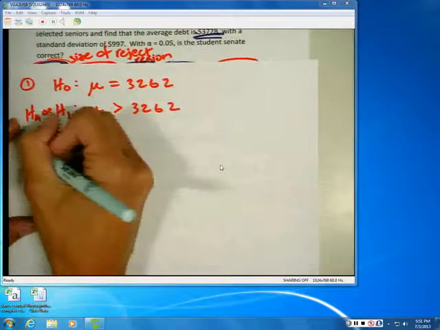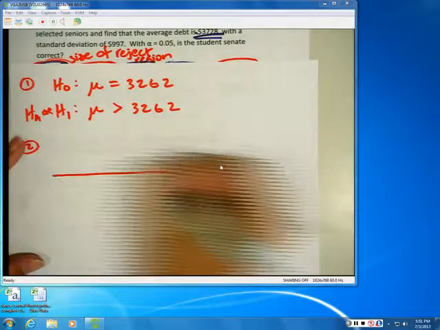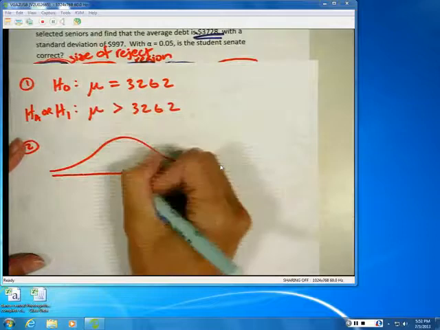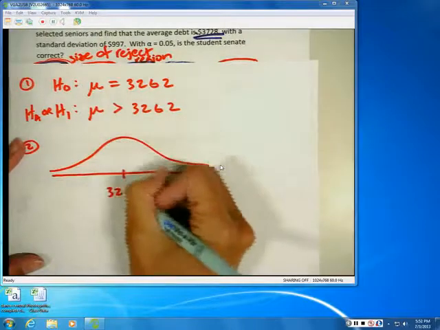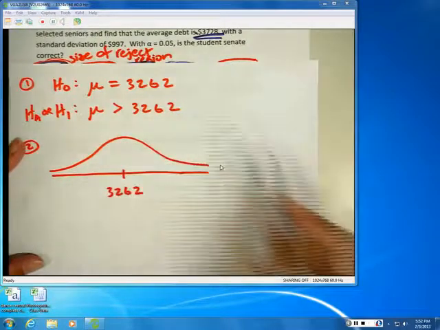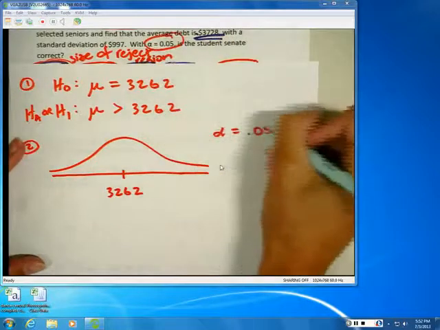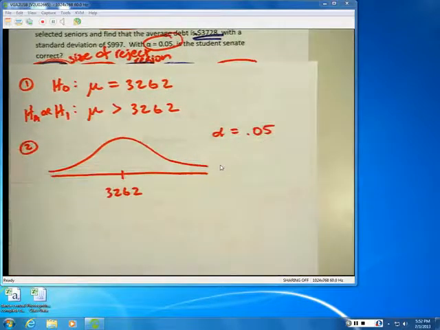Step number 2. So for step number 2, I'm going to draw myself a picture. And in our picture, mu from the hypotheses always goes in the middle, 32.62. I'm going to use that significance level of alpha equals 0.05. And this is a really great trick.